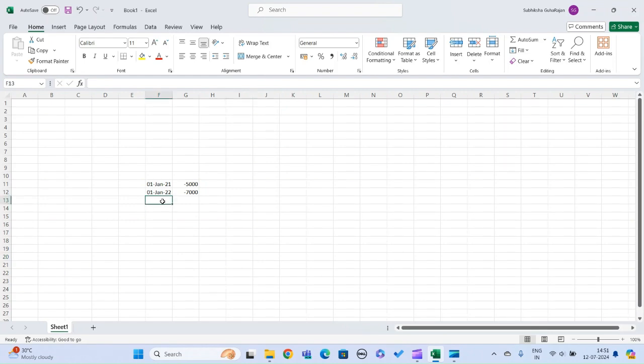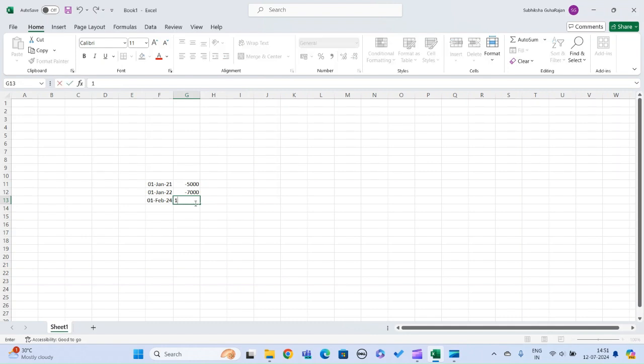It's all up to you. And again, say for example, on 1st Feb of 2024, I withdraw about 16,000, is what I totally withdraw from that mutual fund.